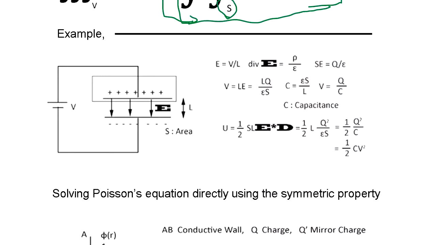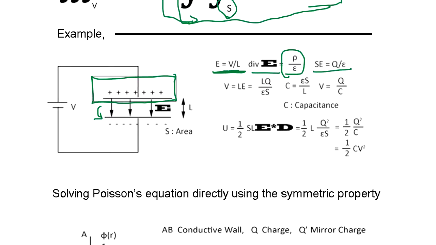Now for an example, I hope you did this already. The electric field is potential V divided by distance L, and divergence E is this charge. The sign depends on which side you take, which is the enclosure of the surface integral. We ignore the fringe effect. Everything is straight down.